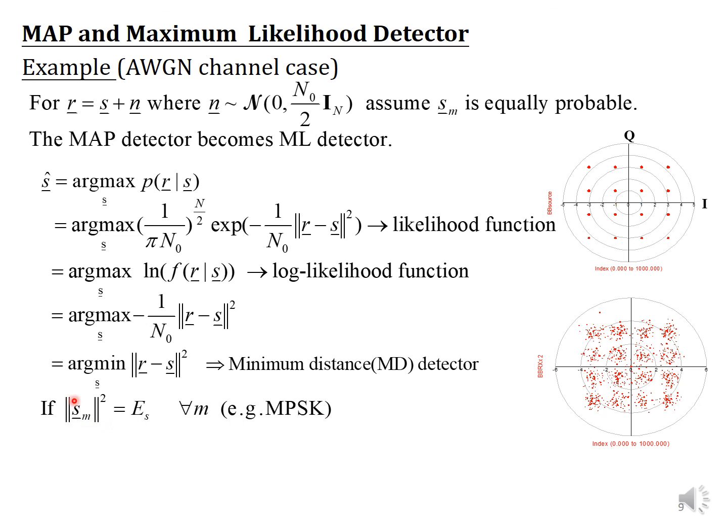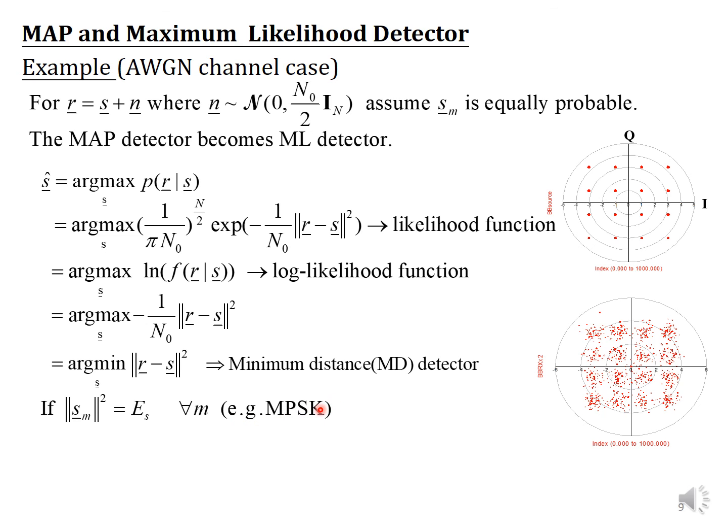And also, if we have a further assumption that the symbol energy is constant, that the energy of the transmit signal is constant for any m. For example, like MPSK, all the symbols have equal energy.